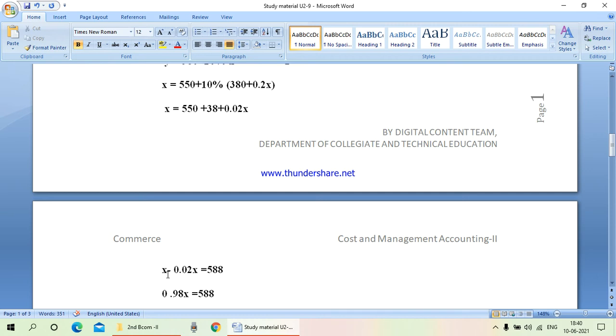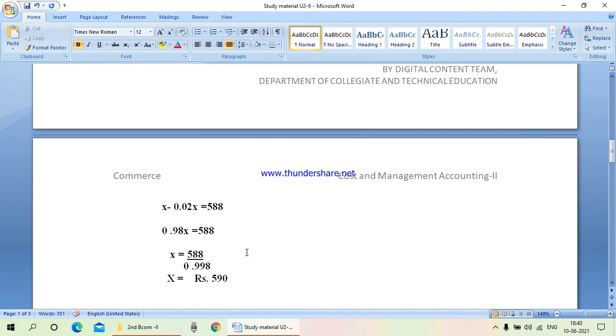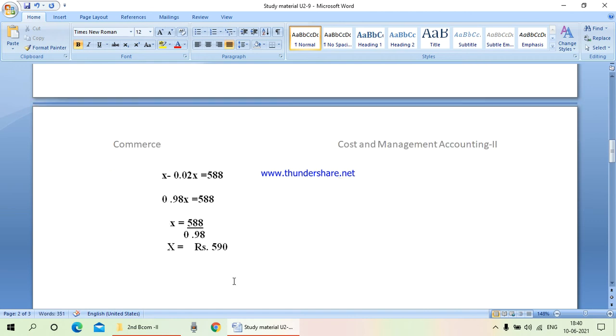So here X means 1 minus 0.02X is equal to 0.98X is equal to 588. So X is equal to 588 divided by 0.98. So X is equal to 590.